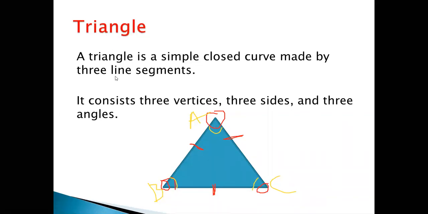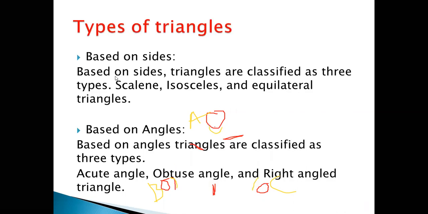Then we'll go to the next topic, types of triangle. So how many types of triangles are there? Let us see. Based on sides and based on angles, the types of triangles are classified into three parts.